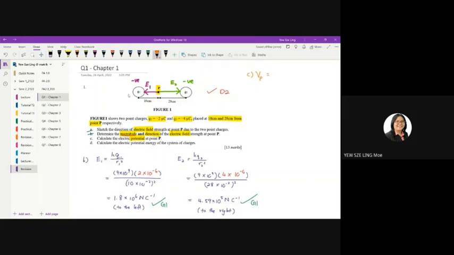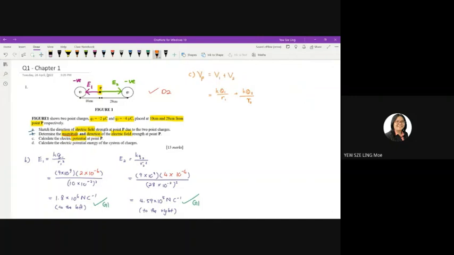So if you look at the diagram, you have 2 charges, which means you will have 2 potentials at point P. So just V1 plus V2. Then you expand the equation, you will have KQ1 over R1 plus KQ2 over R2. So now substitute the values, you will have 9 times 10 to the power of 9, and now this Q, you need to include its negative sign because you are looking at a scalar quantity, and negative is part of the value.